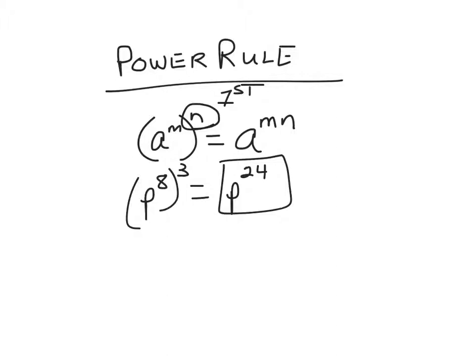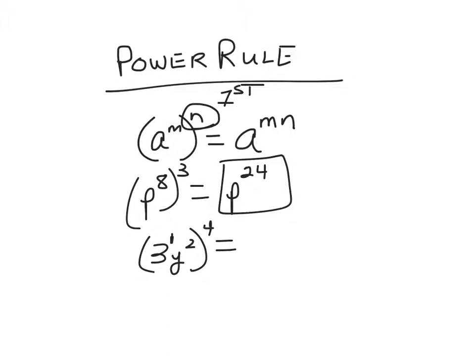If you've got something like this, 3y squared to the fourth, the 3 has an exponent of 1, right? That's right. And that 4 has to be multiplied by all the exponents on the inside, not just the 2. So don't forget that the 3 has a 1.